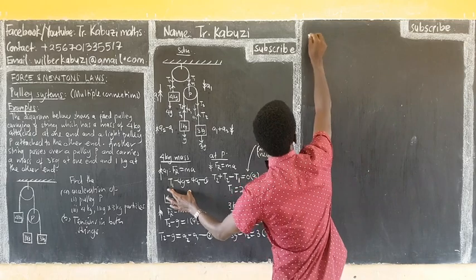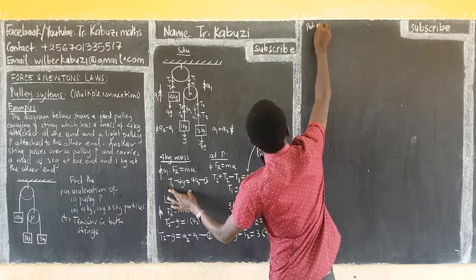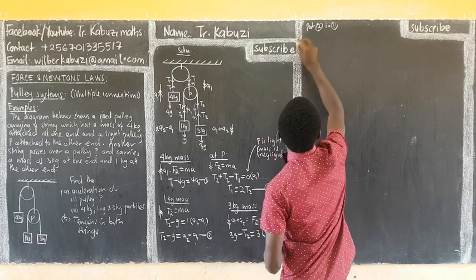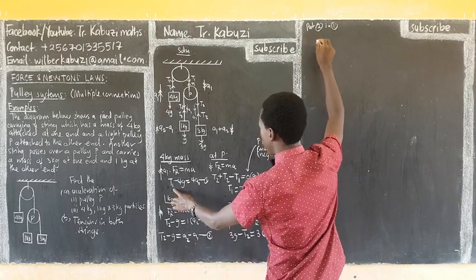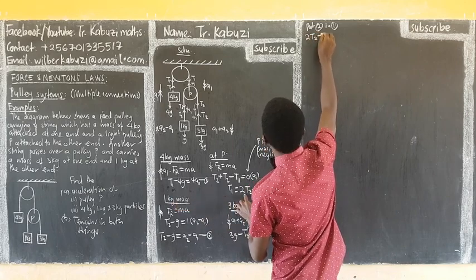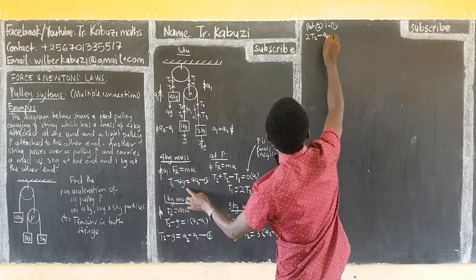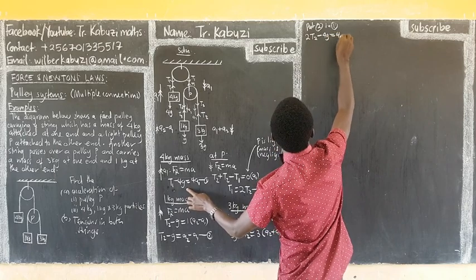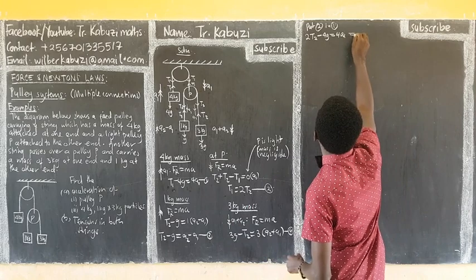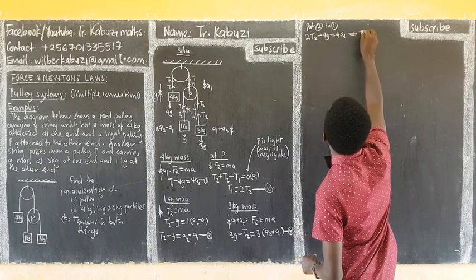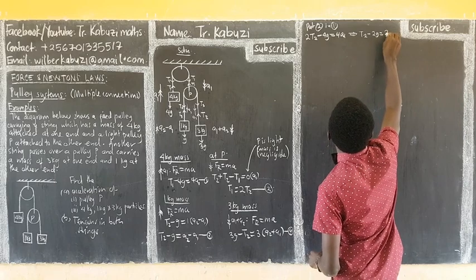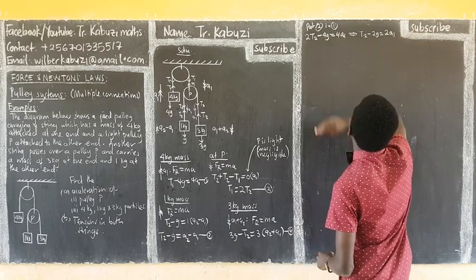So put 2 in 1. When you put 2 in 1, you shall have 2T2 minus 4g equaling 4A1. You can easily divide through by 2, and we have T2 minus 2g equaling 2A1.